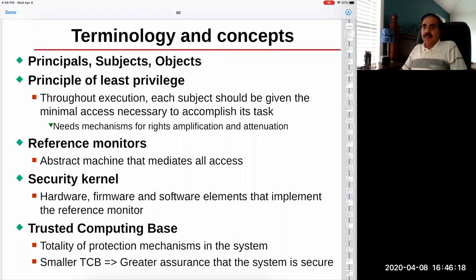And trusted computing base is a term that refers to all of the software and hardware components that you need to rely on in order to enforce your security policies. In general, a larger TCB means more complexity, and more complexity means more bugs, and therefore less trust or less assurance, as it is called. A smaller TCB means you have greater assurance, okay?